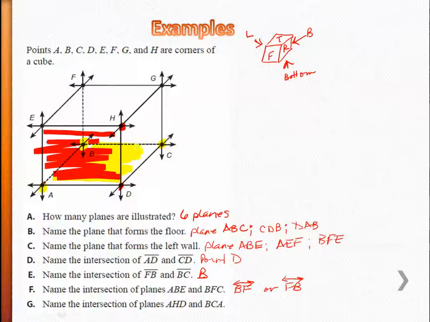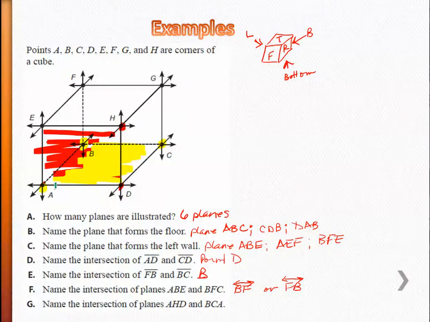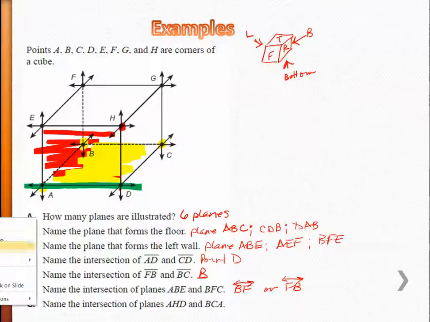Even highlighting's not working too well, but looky here. I can tell where they intersect just visually, but if I was going to highlight that line, right there it is. That's the line where those two planes intersect. And since that one can be kind of hard to see, let me do this.